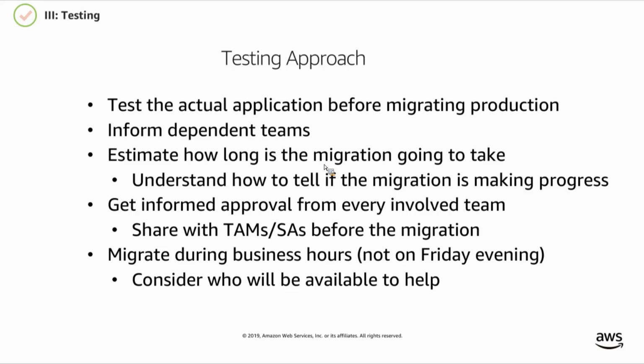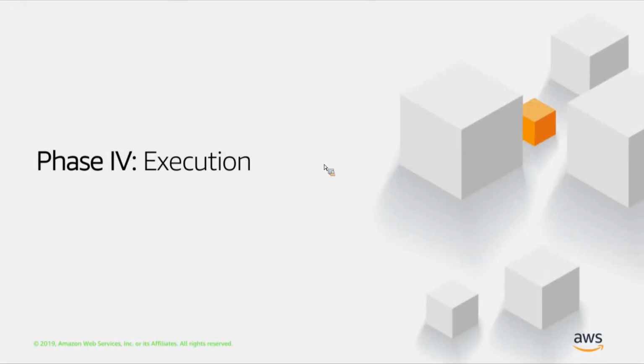If you're not migrating when others are around to help you and something goes wrong, you can't get anybody to help. So consider who's going to be there to help you diagnose network connectivity issues, or with permissions to execute certain commands that you thought you would be able to do, if you're doing this in the middle of the day as opposed to a late weekend night.